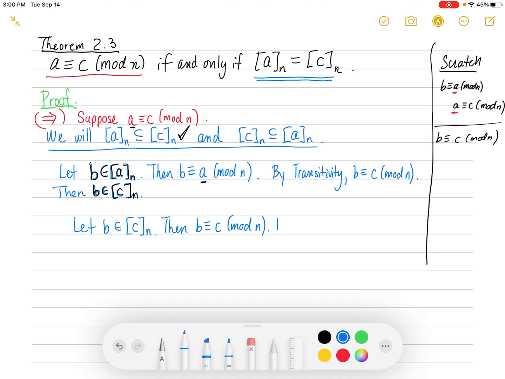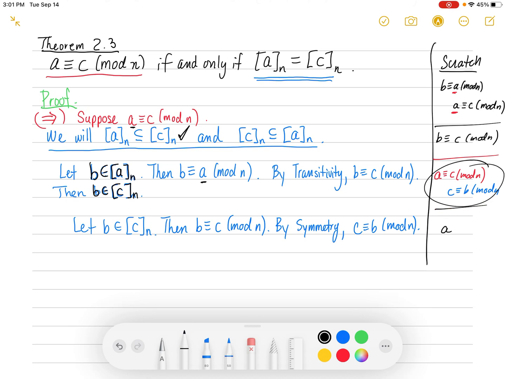Now, I'm going to use the symmetric property. By symmetry, we know that this congruence relation is symmetric, so we can flip the B and the C. We can say C is congruent to B mod n. And then from there we can use transitivity again. Remember at the very beginning in red we had A is congruent to C mod n, and now we have C is congruent to B mod n.